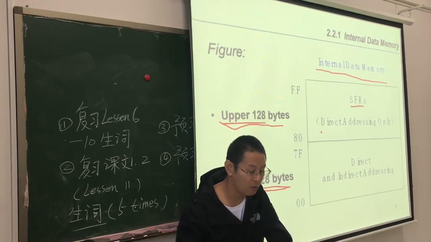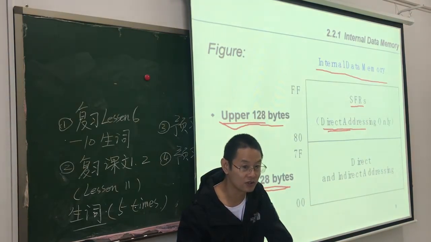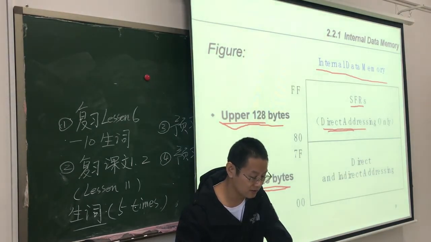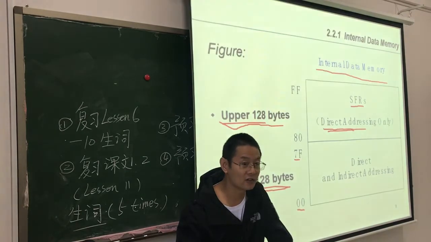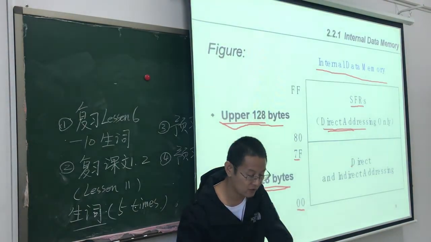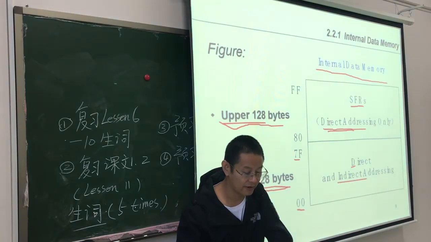We can operate this part according to direct addressing. Just use the address to read and write. For 00 to 7F, we can use direct and indirect addressing.